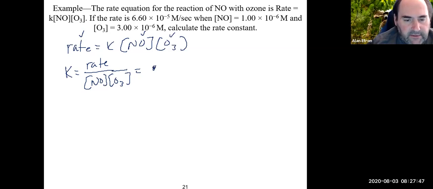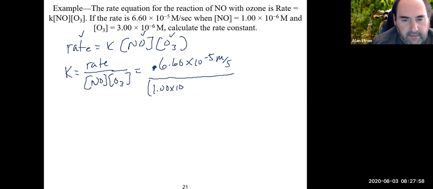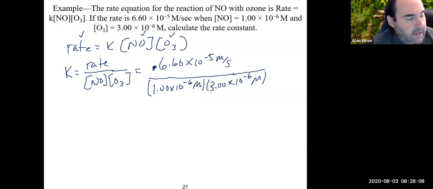That would get us 6.60 times 10 to the minus 5 molar per second, divided by our NO, which is 1 times 10 to the minus 6, and our O3, which is 3 times 10 to the minus 6.